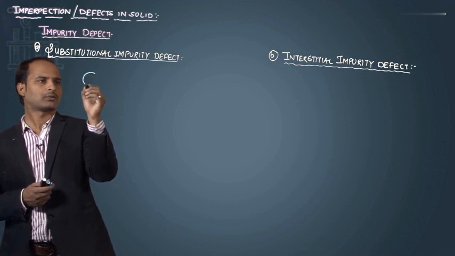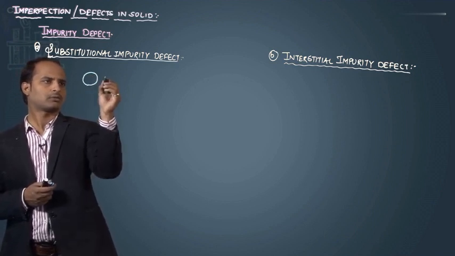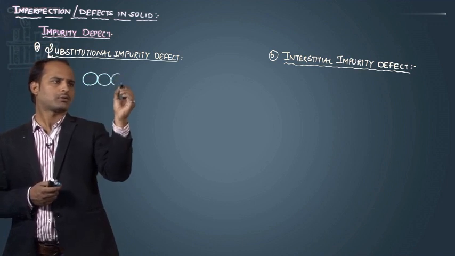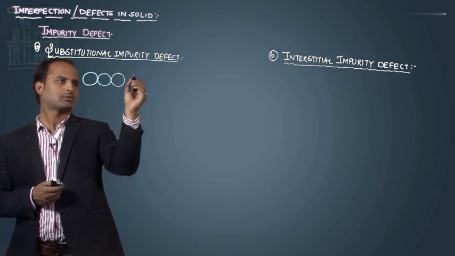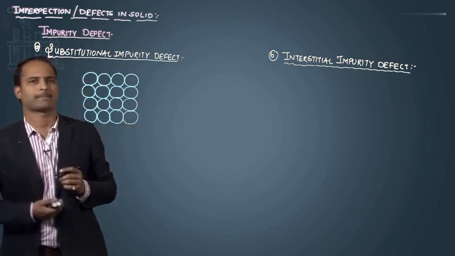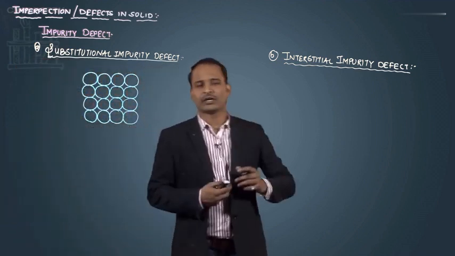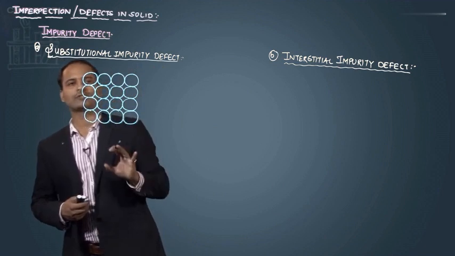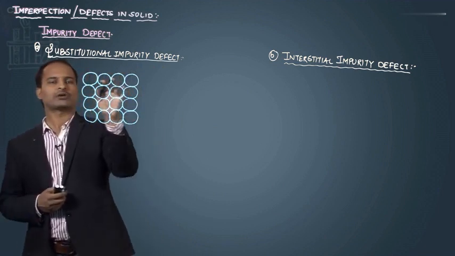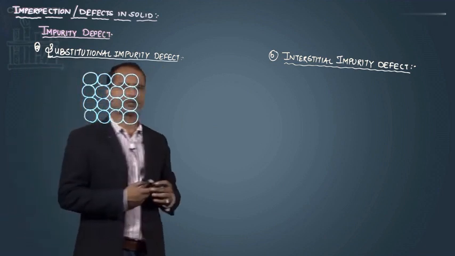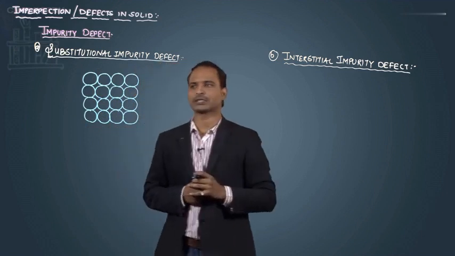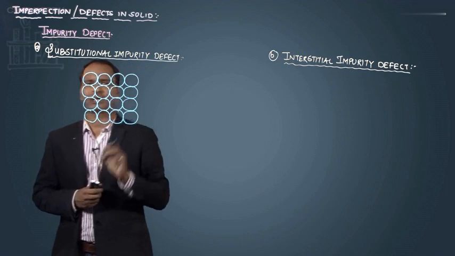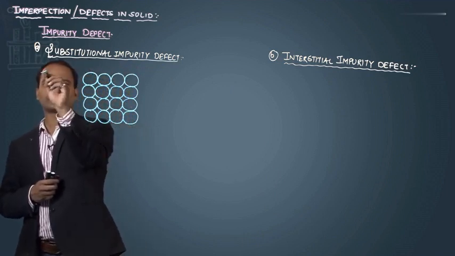Now in the case of substitutional impurity defect, for example, suppose I have this copper solid. The copper solid means each of them is a copper atom or copper cation. So this is the copper solid, these are copper atoms, and then I'm adding zinc into this.